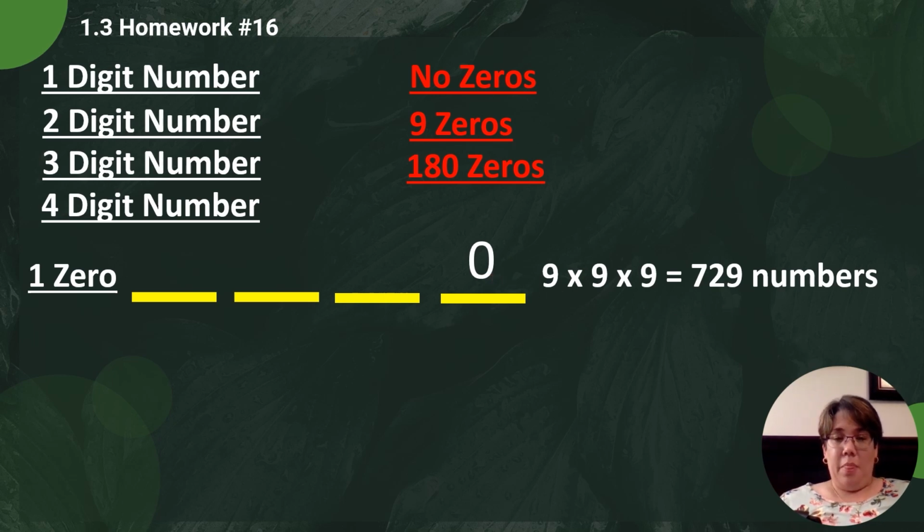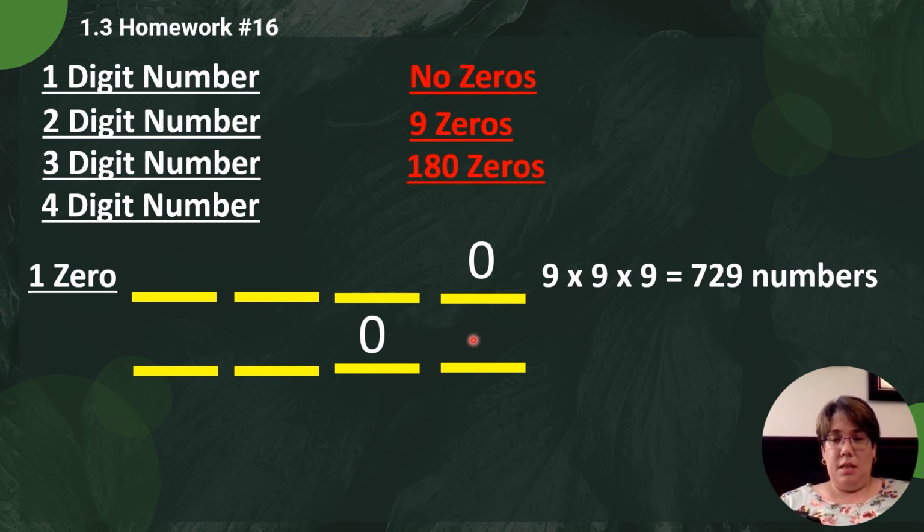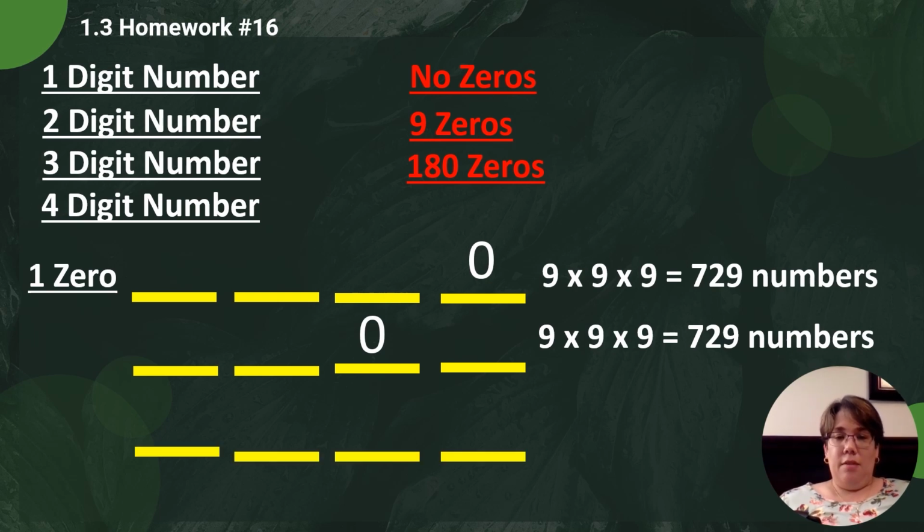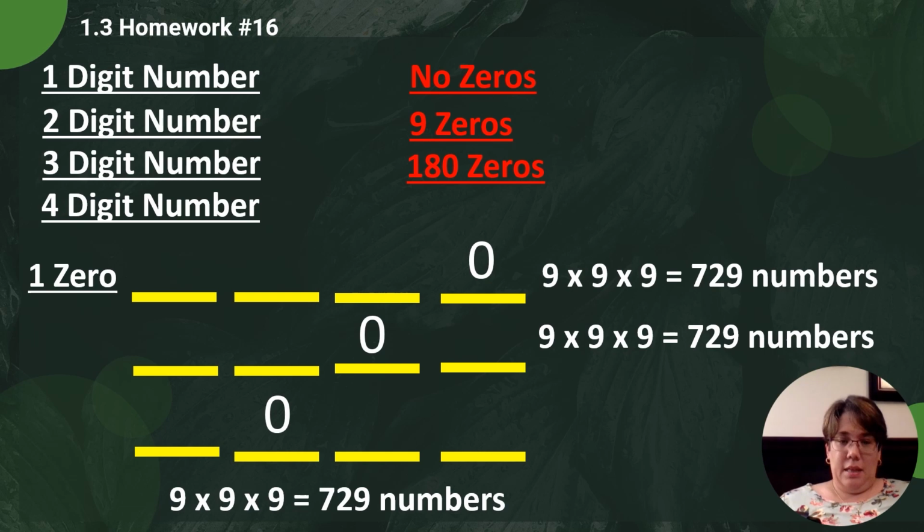Okay, now I'm going to look at a 4-digit number that has a 0 in this 3rd place. Okay, and that's going to be 9 digits possible here, 9 digits in the 2nd spot, 9 digits in this last spot. So that's also going to be 9 times 9 times 9. Okay, and then finally I'm going to have a 0 in this 2nd spot, and there are going to be 9 times 9 times 9 possibilities, 729 numbers there.